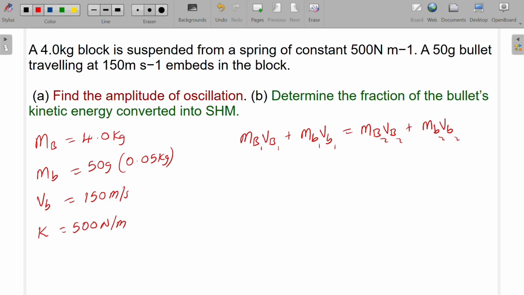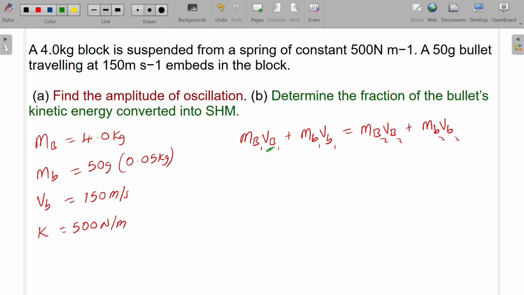So now what we should understand is both the bullet and the block have got masses. But initially, the bullet is moving before the block started moving. So at the beginning here, you find that the block, before it was disturbed by the bullet, it wasn't moving, but it was stationary. Because it was stationary, it implies to say its velocity, since it was stationary, is 0.